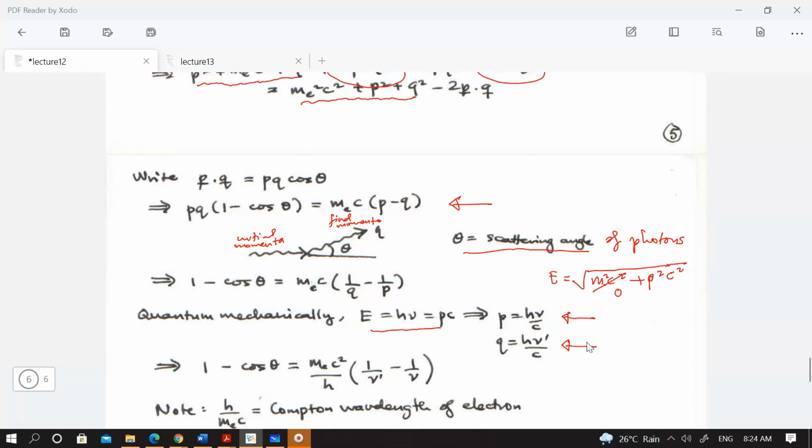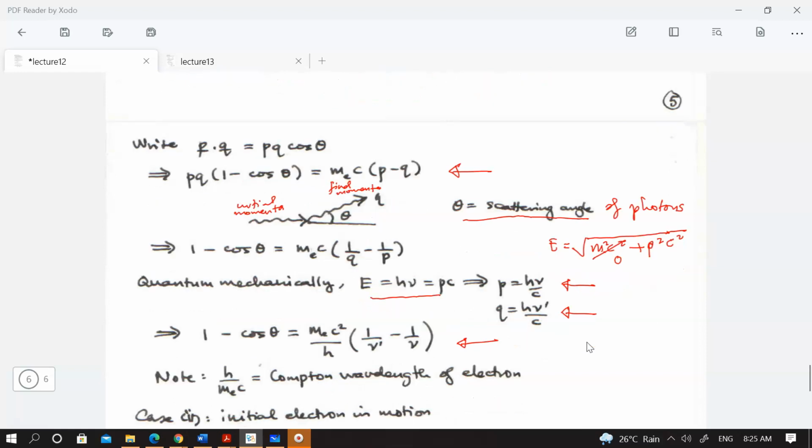So you plug this into the formula here. By right, you should have c over h nu dash here, and c over h nu here. So you can bring out your factor of c and c over h outside, so you get that. This is essentially the Compton formula.